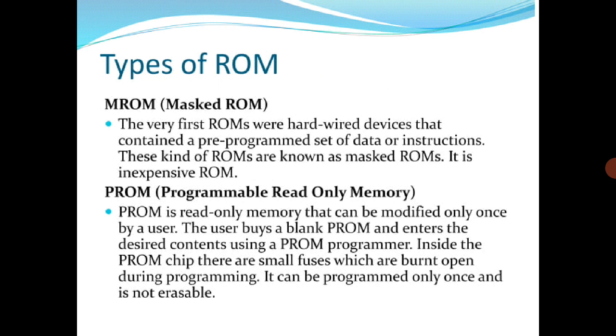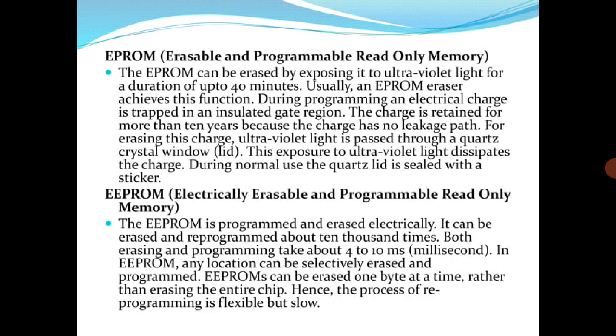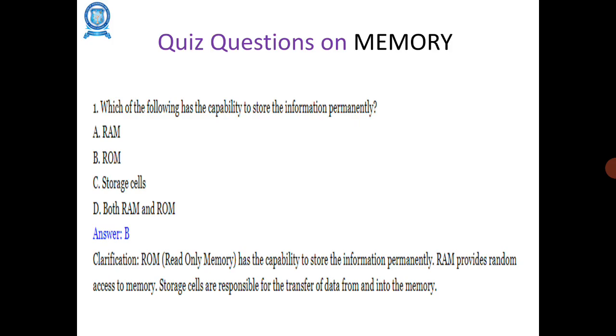It can be programmed only once. Once it is programmed, nothing more can be done. Erasable programmable read-only memory is the same, but here the program can be erased and a new program can be entered. Electrically erasable programmable read-only memory can be erased electronically and afterwards it can be programmed again.